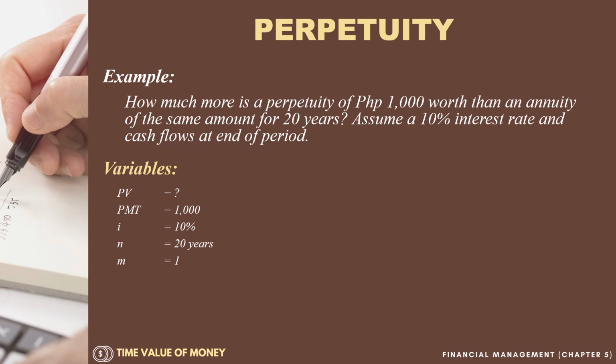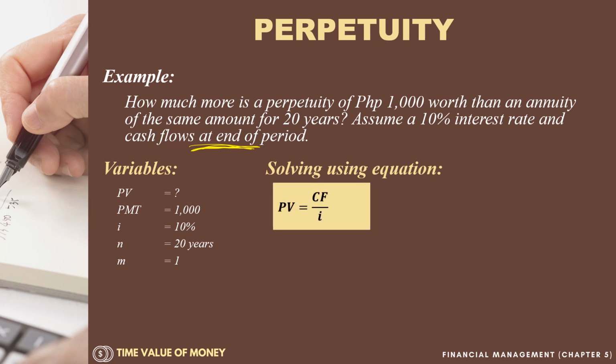What kind of annuity? The problem says that the cash flows are made at the end of the period, meaning we are looking for the ordinary annuity. Now let's solve this using the equation. Let's first solve the perpetuity. Again, the equation for the perpetuity is PV, or the present value, equal to the cash flows divided by the interest rate.